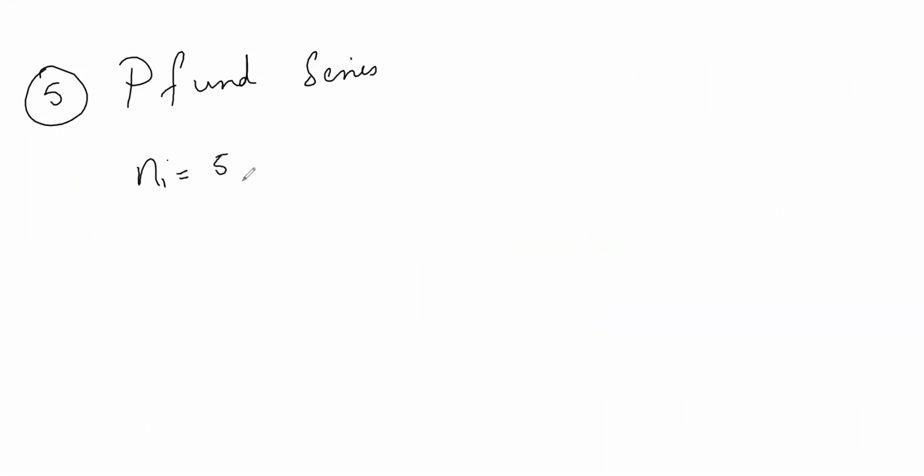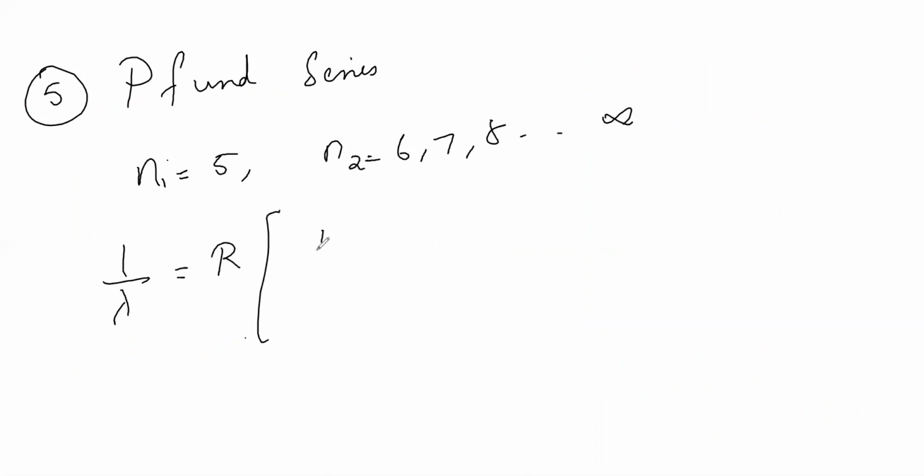The last one, the Pfund series. P remains silent, Pfund series. n1 starts from 5 and n2 obviously from 6, 7, 8 up to infinity. So 1 by lambda is equal to R into 1 by 5 square minus 1 by n2 square.